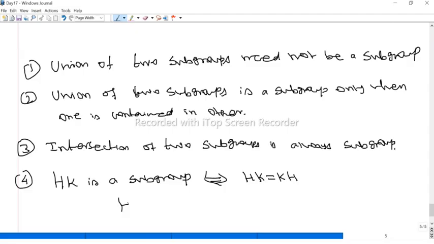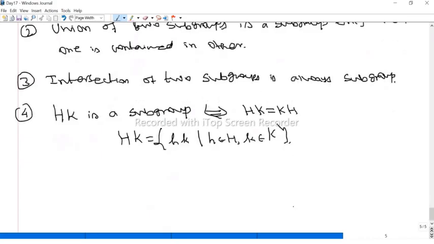What do we mean by HK? H is one subgroup, K is another subgroup. So HK is the set of elements of the form h times k, where h varies in H and k varies in K. If HK equals KH, then HK is a subgroup. Otherwise, the product of two subgroups need not be a subgroup.